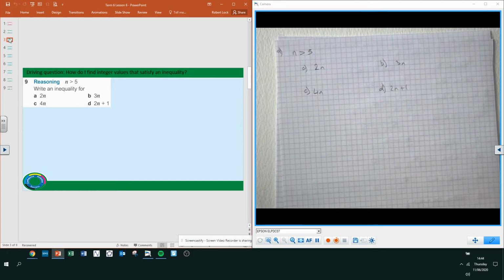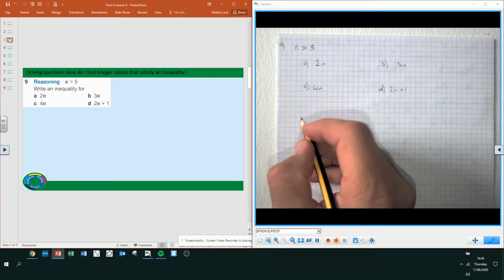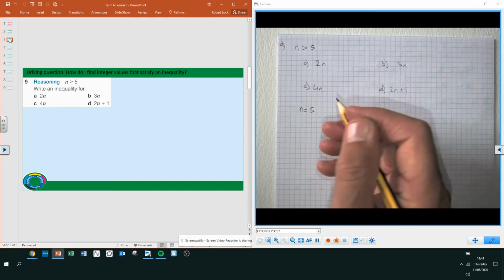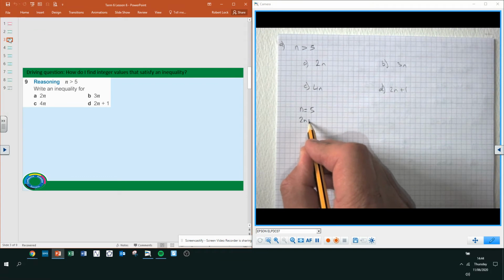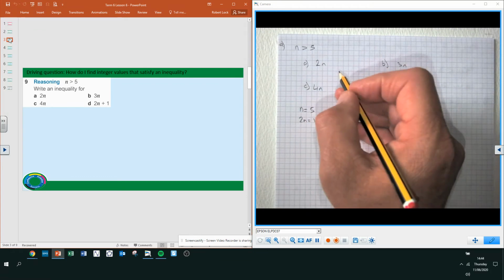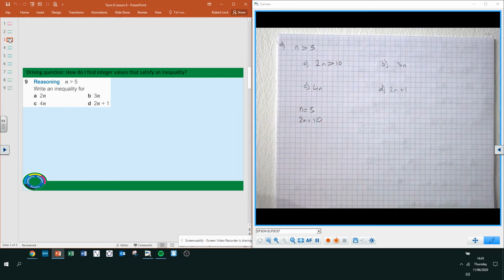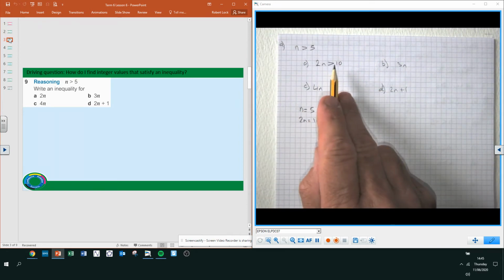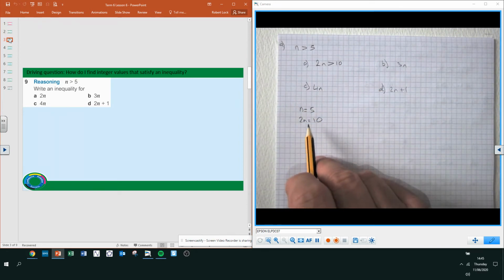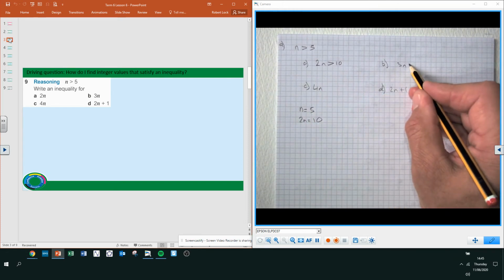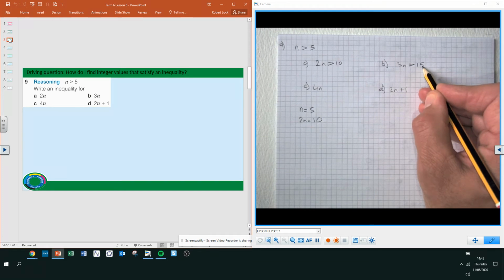If I said to you that n equals 5, what's 2n? 2n will equal 10. Well, 2n over here is going to be larger than 10. Treat the inequality signs as an equal sign. So b, 3n, it's going to be 15.